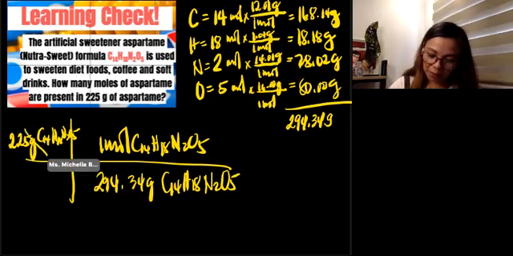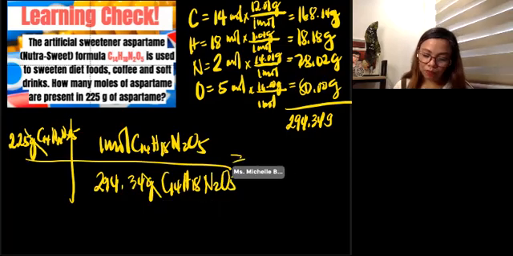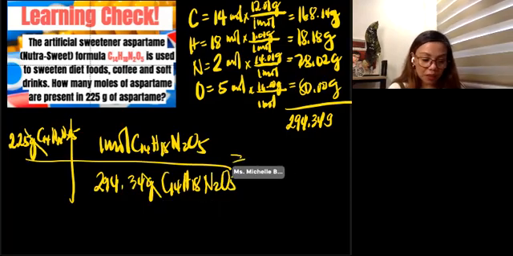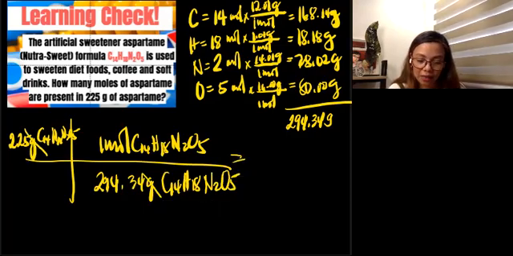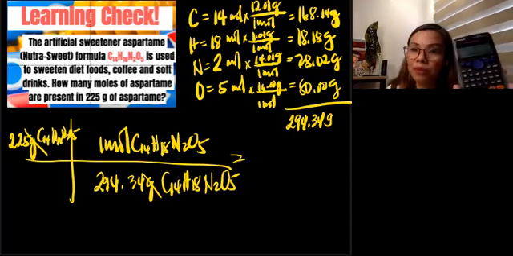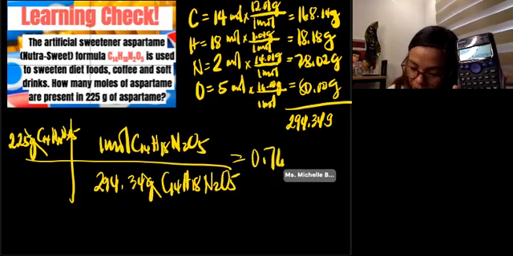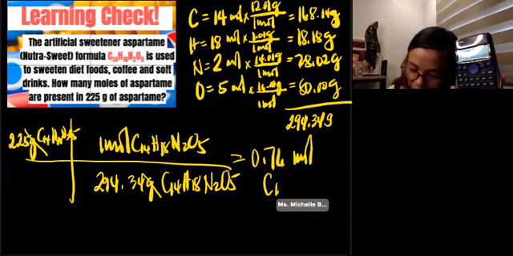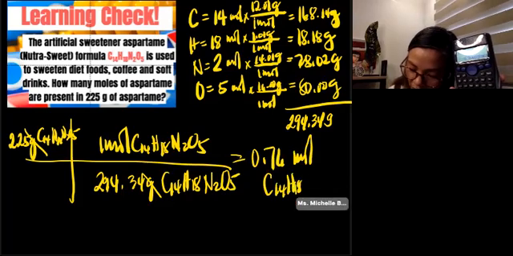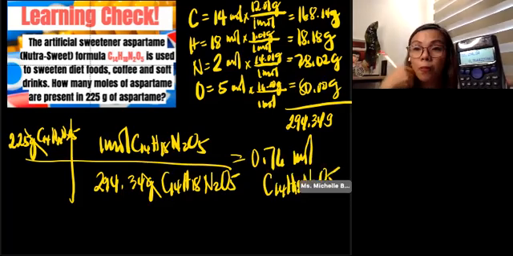Grams divided by grams, therefore it's in mole, right? 225 divided by 294.34. Therefore, we have 0.76 moles of C14H18N2O5.